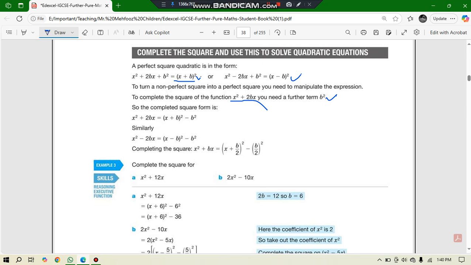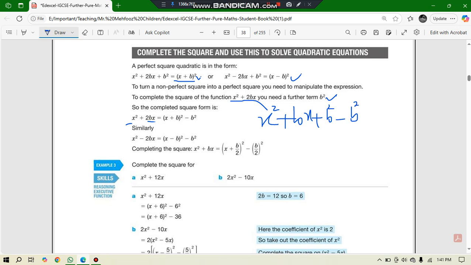So the completed square form: we take x squared plus 2bx, and we add b squared and also subtract b squared in this expression.